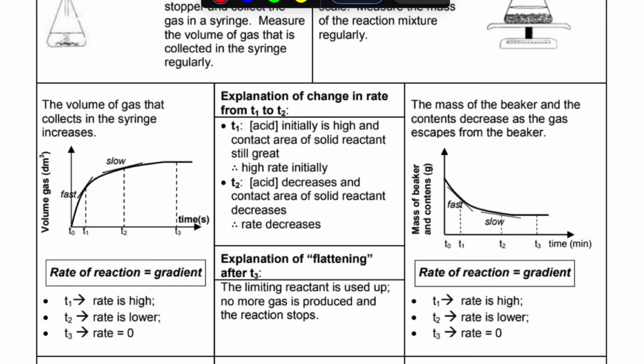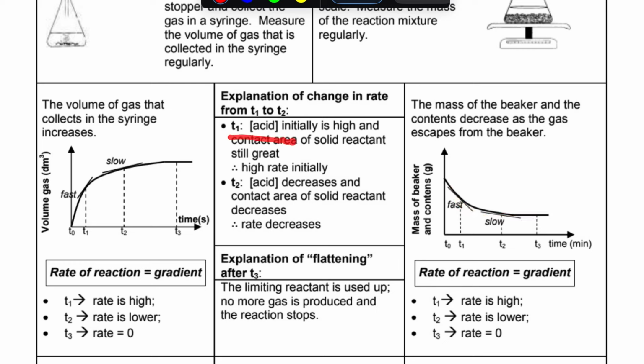That means the reaction at T1 is faster. And then the reaction at T2 is slow. And the reaction at T3 has stopped. It's the same as this one, but this one is for the increase of volume of gas. This one is a decrease of mass of the reaction.